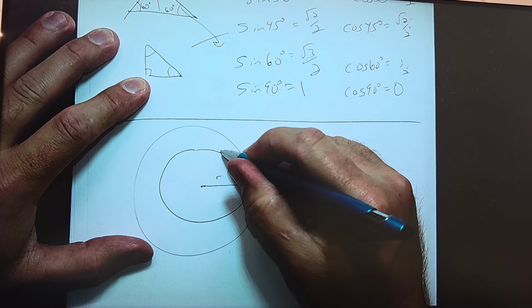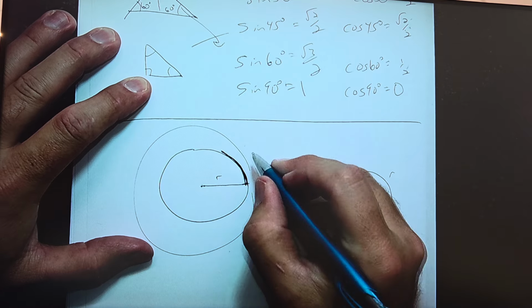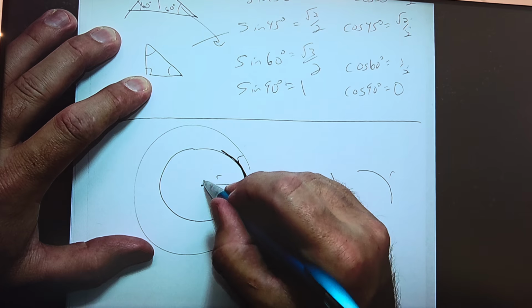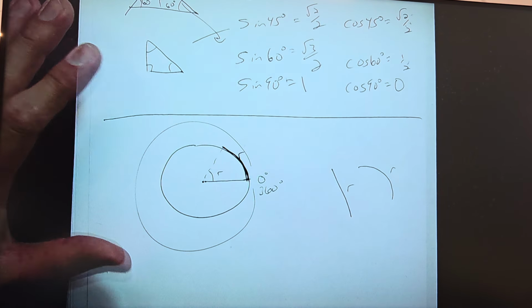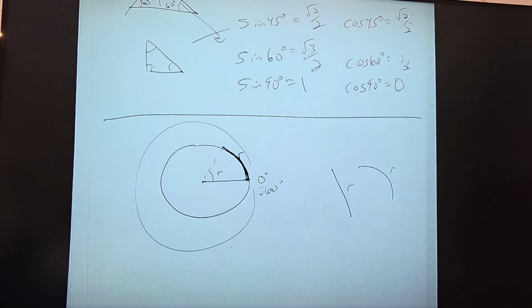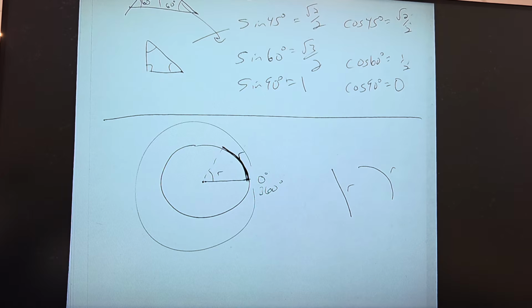So how long is this? That's R. Do you see how I've gone through an angle as I did that? If somebody was walking along the outside of the circle and I just followed them, I turned through an angle as I watched them.